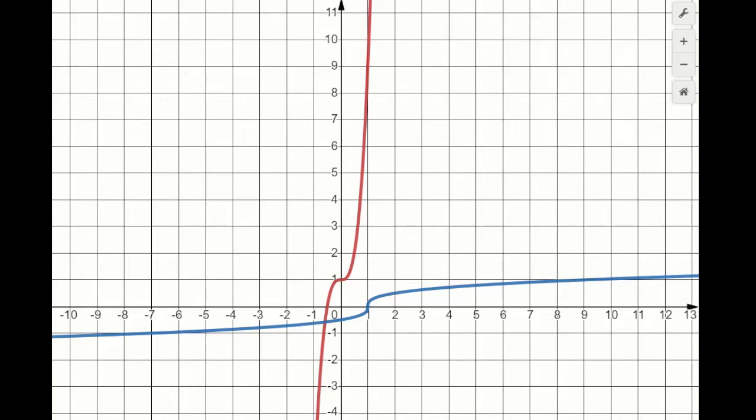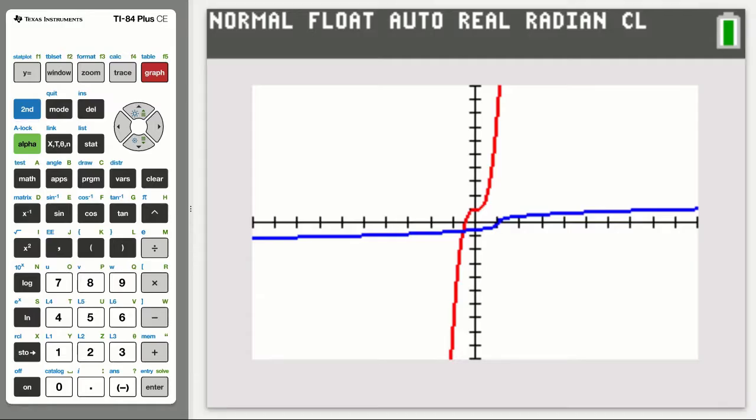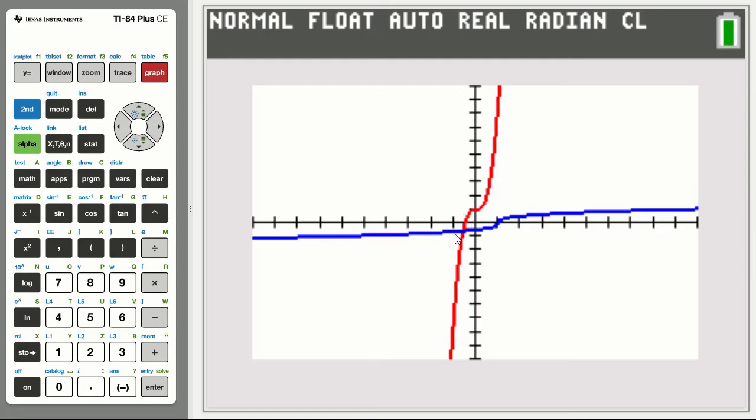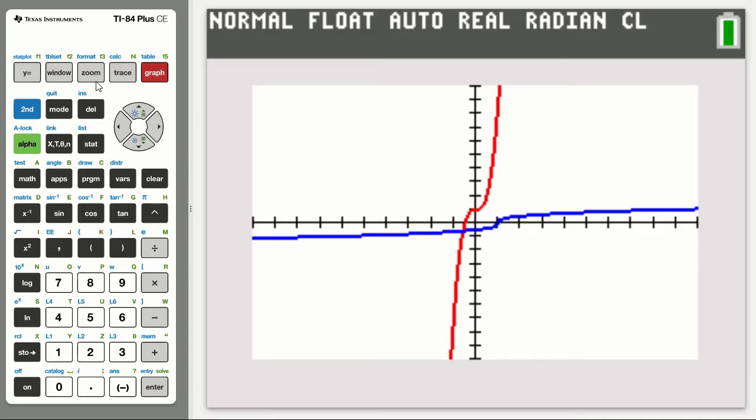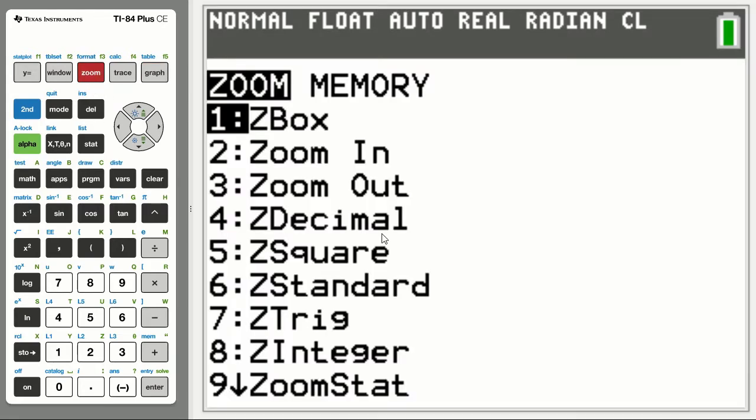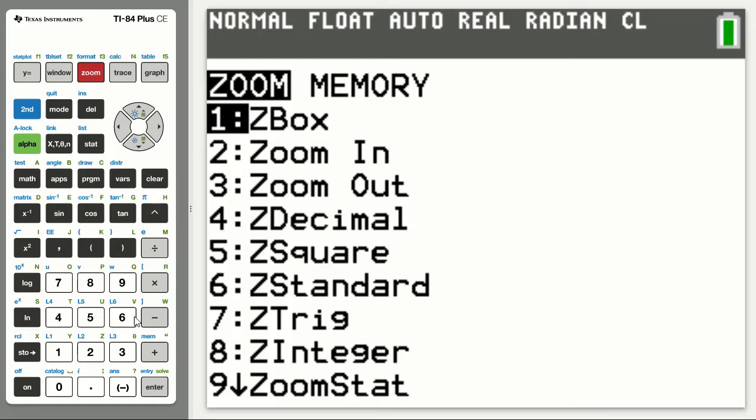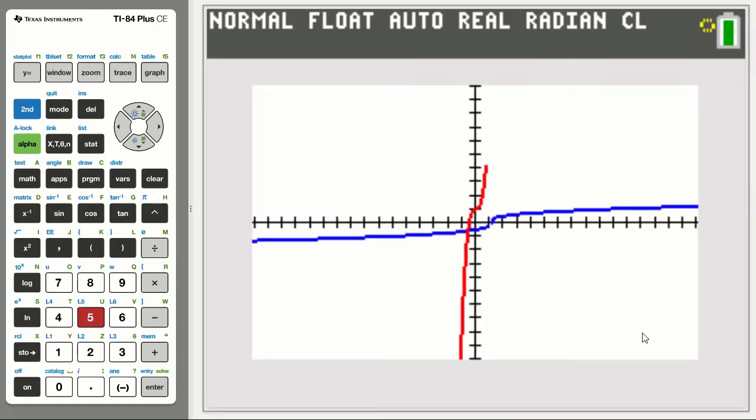To maintain square scaling, go to Zoom in your calculator and select the fifth option, Zoom Square. Now it's in square mode. See, this is 1 unit square, and now things are all in a 1-to-1 ratio.